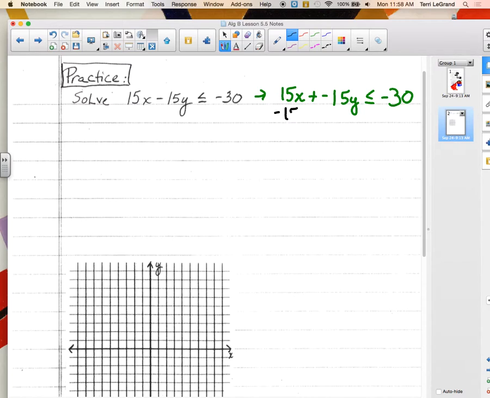Yeah, let's subtract 15x from both sides. I'm not saying we can't move y to the other side of the equation. I'm just saying that oftentimes if we have to read it backwards, it confuses us. So we have a negative 15y, which is what Brighton was trying to eliminate, and they understand that.